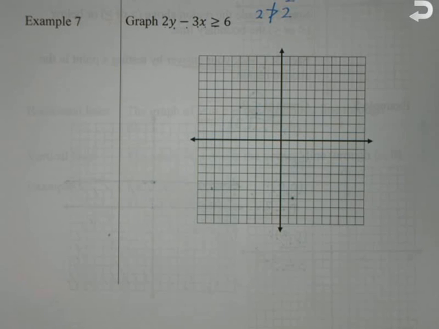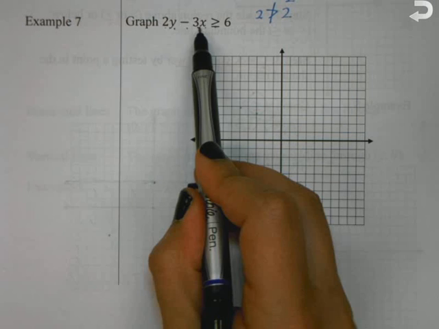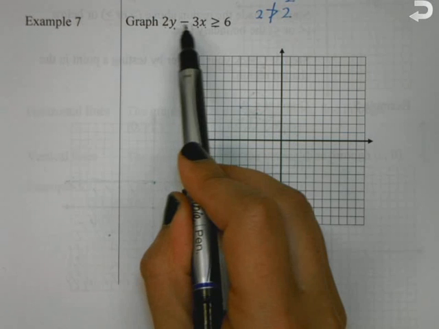Okay, so is this y equals mx plus b, standard form, or special case? A special case is only y or only x. So this one is, well, we have x and y on the same side here, so it's in standard. Okay, so we need to find the intercepts here.